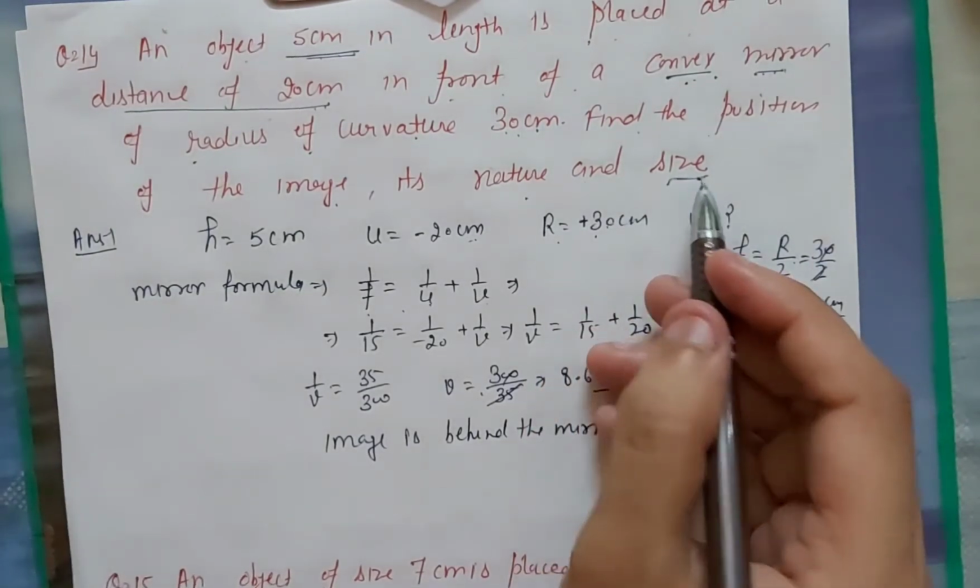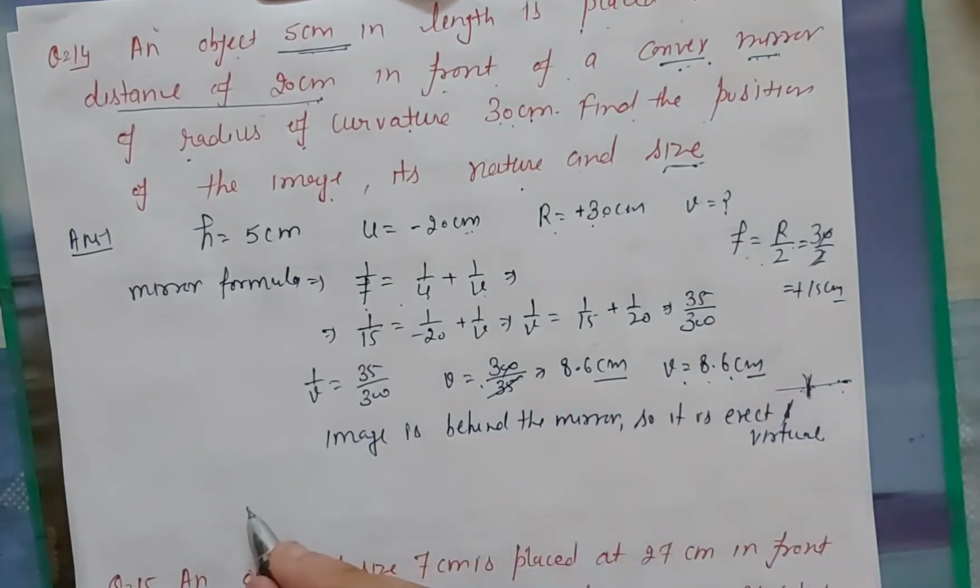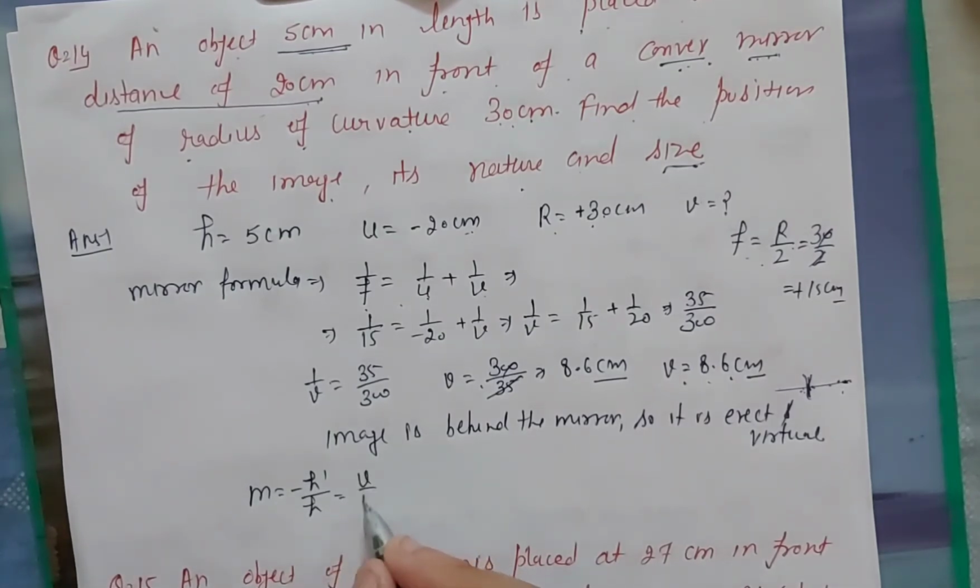Now what is the size of the image? Here we also have to find out the size. As we know, m is equal to h dash divided by h, which is equal to v divided by u. We can easily find out the value because we have the v value, u value and h value.